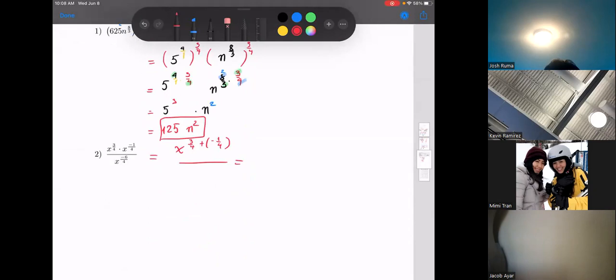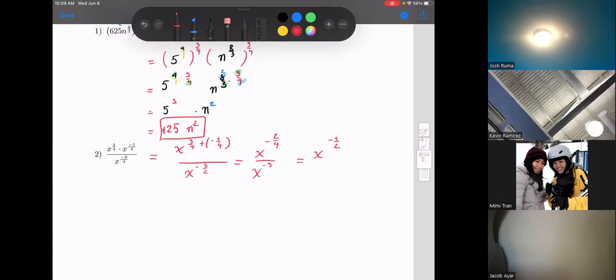So what is it equal to? Negative 2/4, which simplifies to negative 1/2. And then rewrite the bottom. Can I simplify the 6 and the 4? What common factor between 6 and 4? 2, right? So I can rewrite it as x to the -3/2.